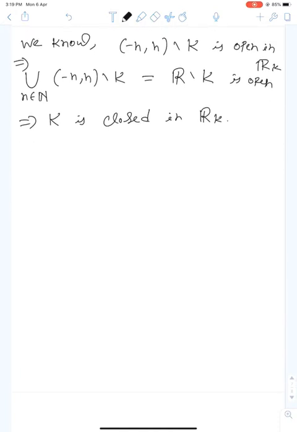Now choose the point 0 belonging to R. Now we claim that 0 and the closed set K are not separated by open neighborhoods. Actually it is very easy to see, but a little difficult to prove.